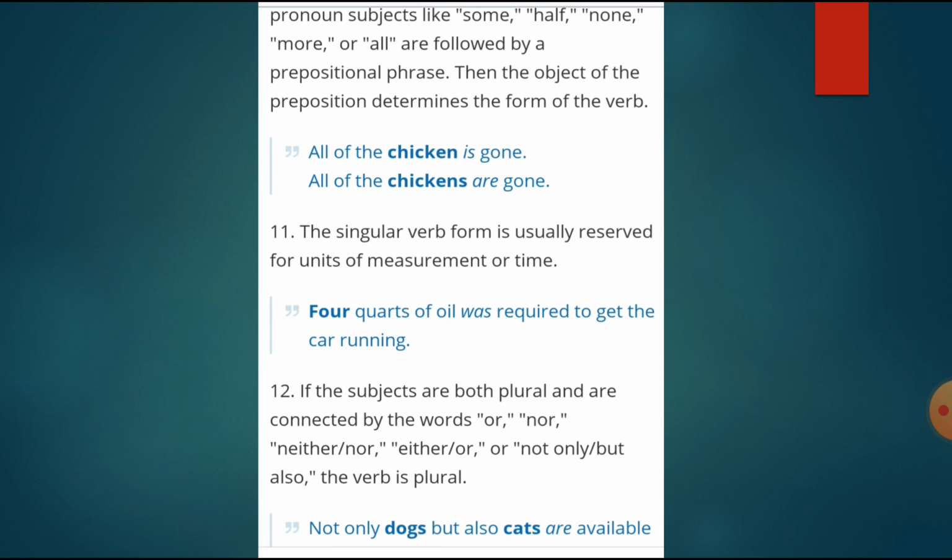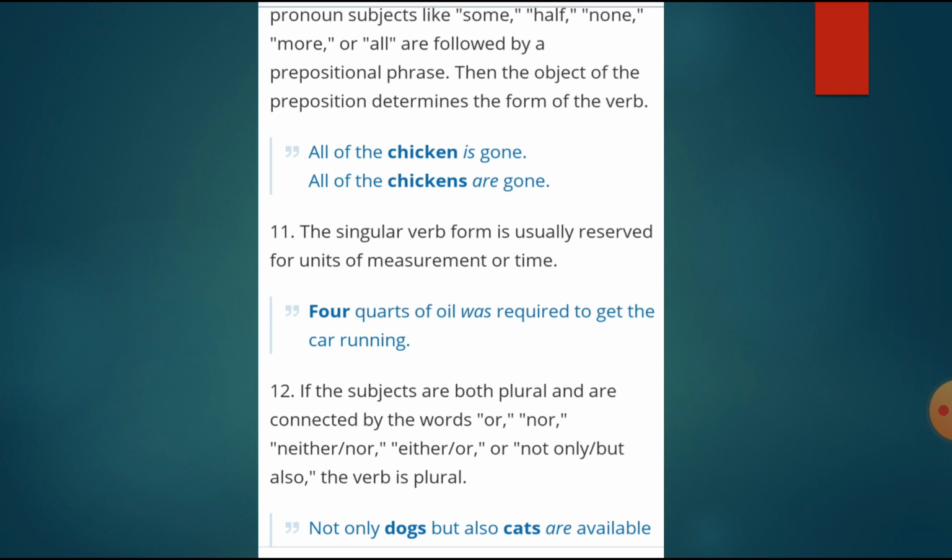All of the chickens are gone. In the first sentence, we are concerned about only one or single chicken. And in the second, we are referring to more than one chicken. So all will take the verb according to the object with which it is being placed.